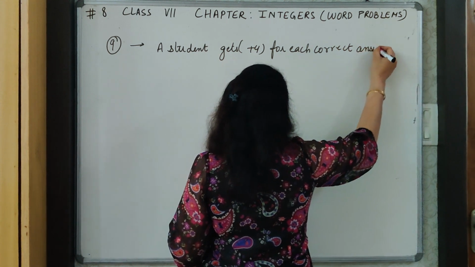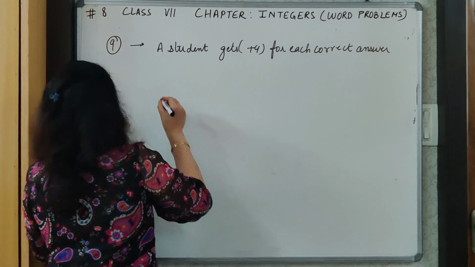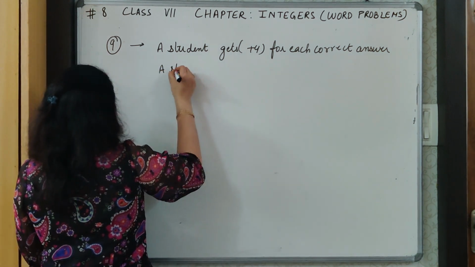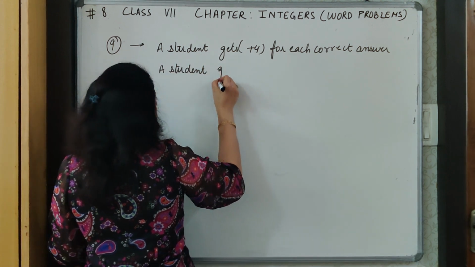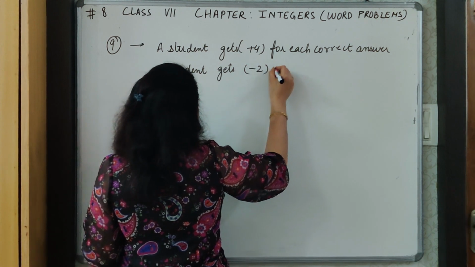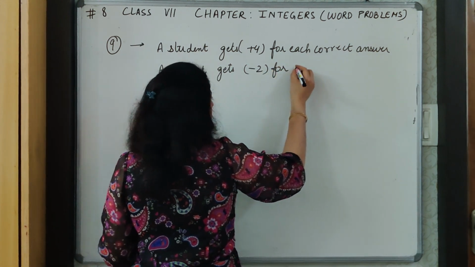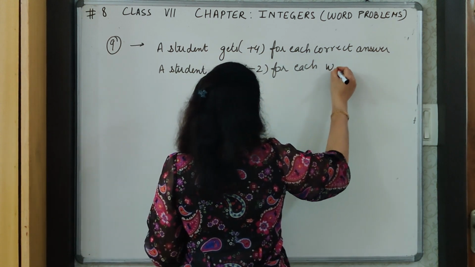If he answers the question correctly, he gets 4 marks, and a student gets -2 for each wrong answer.